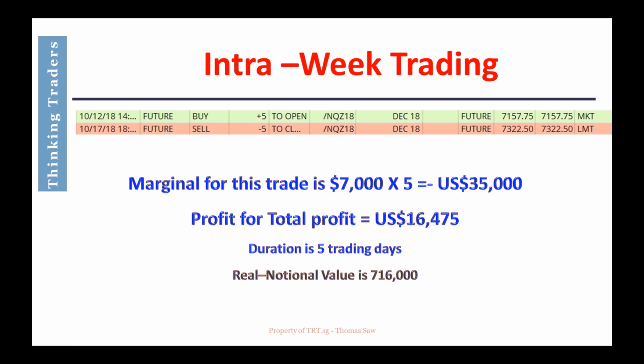Each contract represents 20 units of Nasdaq 100. So 5 times 20 is 100. 100 times 7,151 is around $716,000.